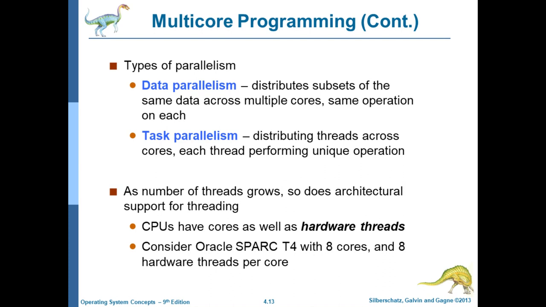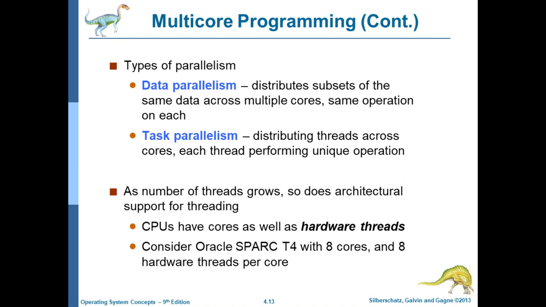For example, if we want to compute the sum of an array of numbers, we can divide the array into smaller chunks and assign each chunk to a different core. Each core will compute the sum of its chunk, and then we can combine the partial sums to get the final result. Data parallelism is useful when we have a large amount of data that can be processed independently and uniformly.